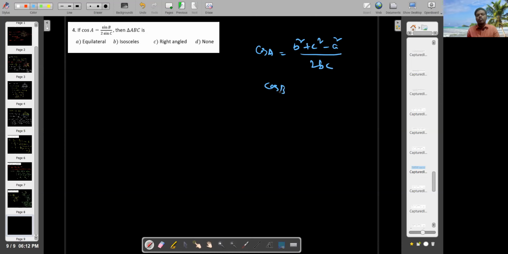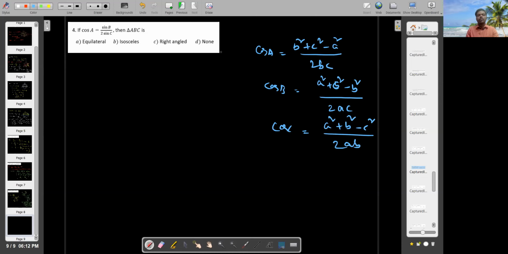Cos B equal to (a square plus c square minus b square) by 2ac. Cos C equal to (a square plus b square minus c square) by 2ab.